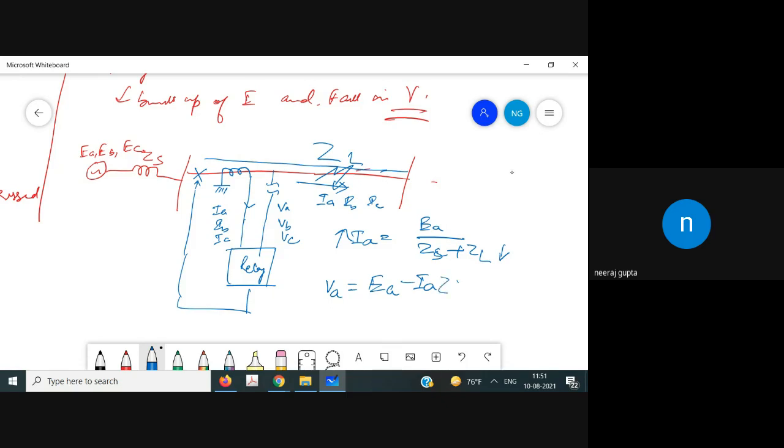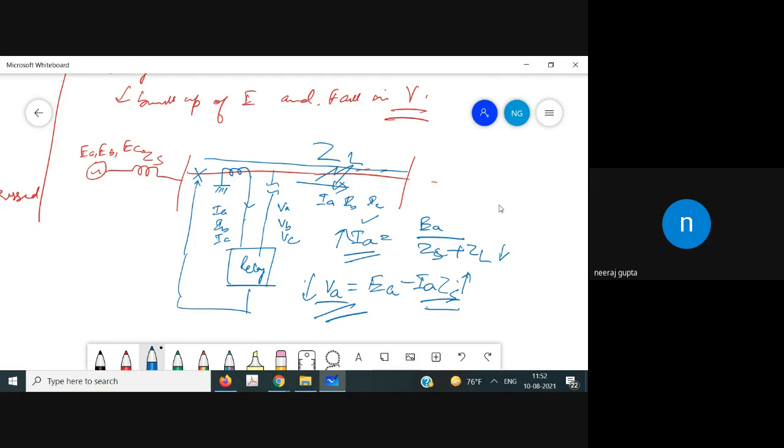So if the IA ZS component increases, the terminal voltage will decrease. So whenever the fault occurs, there is an increase in the current and a decrease in the voltage. This can be easily represented by the phasor diagram also.